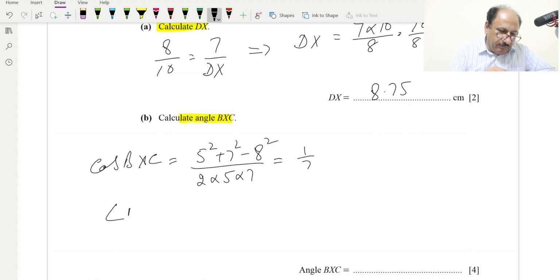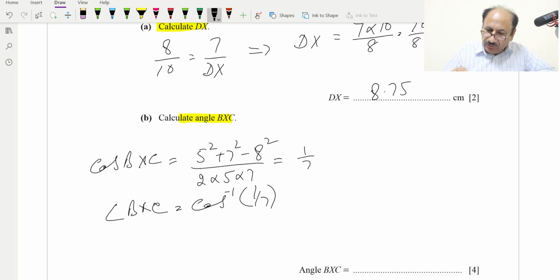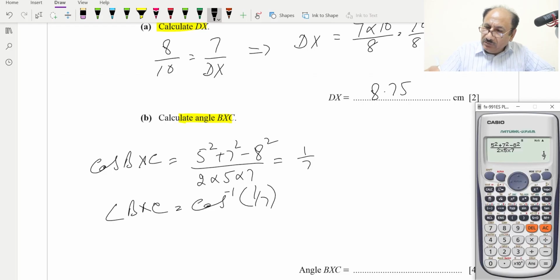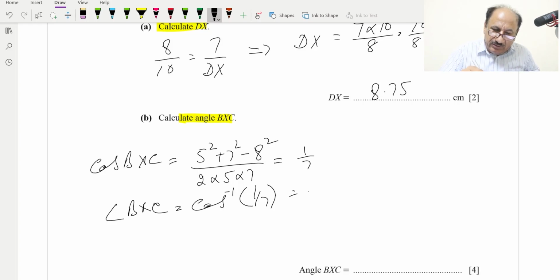So angle BXC is required, which is equal to cos inverse of 1 over 7, and we can calculate shift cos of answer, and this will be equal to 81.786.